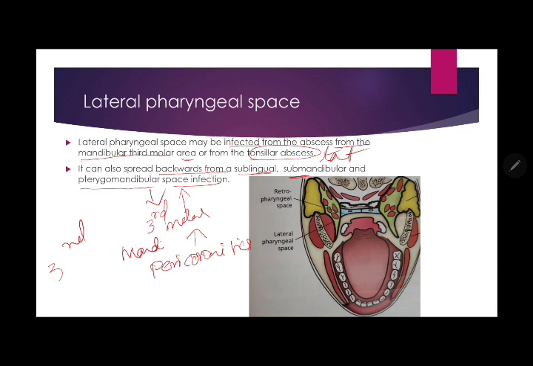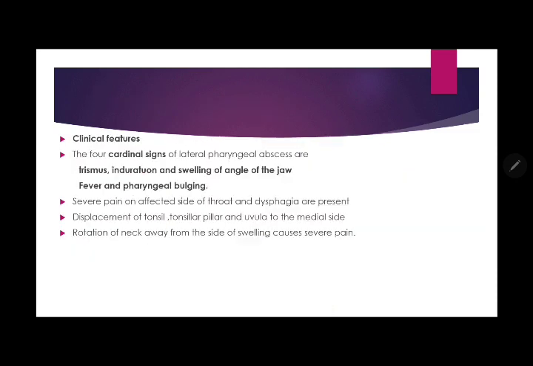So this lateral pharyngeal space can also get infected through this pterygomandibular space infection. Then coming to the clinical features, the four cardinal signs of lateral pharyngeal abscess are trismus, induration and swelling of the angle of jaw, fever and pharyngeal bulging. So trismus, induration, swelling of angle of the jaw, fever and pharyngeal bulging are the four important cardinal signs of lateral pharyngeal abscess.